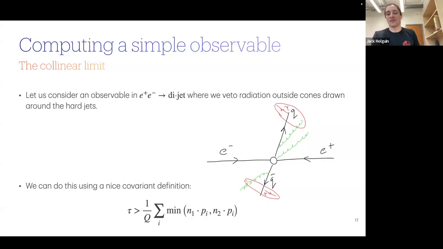N1 is the direction of jet 1, N2 is the direction of jet 2. So the dot product of N1 and a particle momentum P, where P is one of the momenta in an event, is obviously very small if it's going down the jet direction and very large if it's going orthogonal to it. To be clear, these are for 4 momenta, not the 3 momenta.